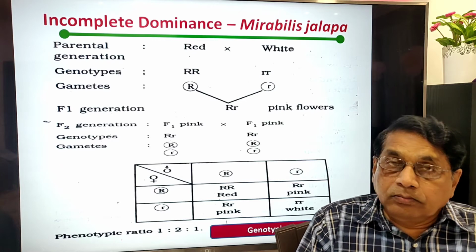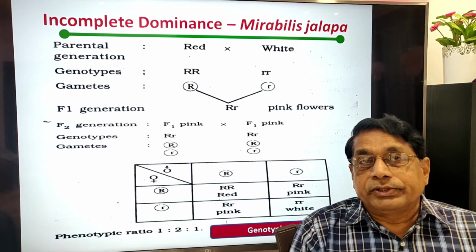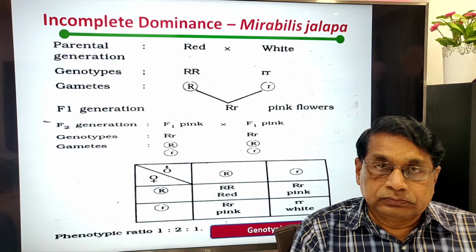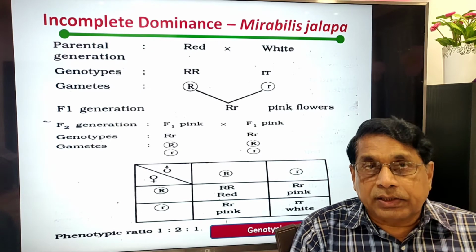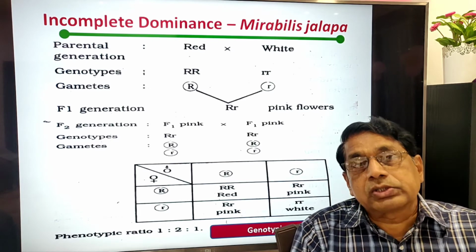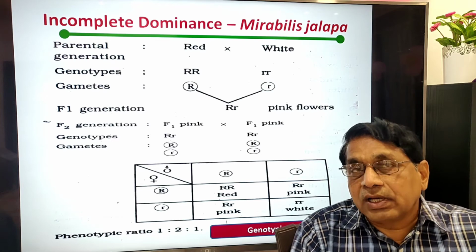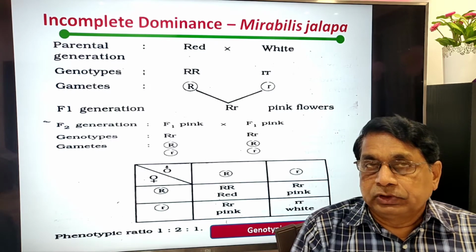Then in some other experiments, taking other characters, after Mendel also some people conducted experiments with other plants with other traits.